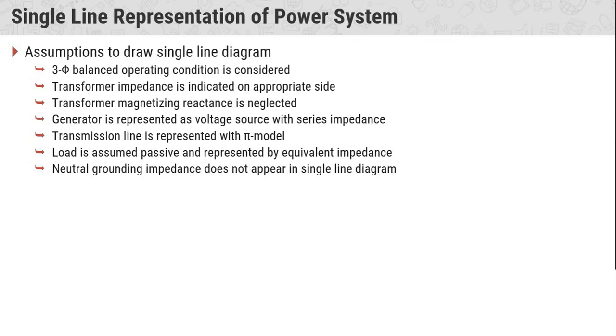Now next, the assumptions to draw a single line diagram. These are the assumptions that should be made before drawing a single line diagram, and this question should be asked in your GTU exam, like what are the assumptions made to draw a single line diagram. Please remember this question. The first assumption is that three-phase balanced operating condition is considered.